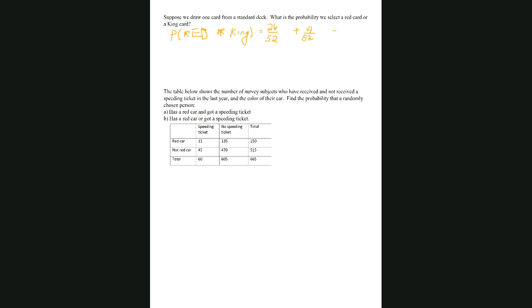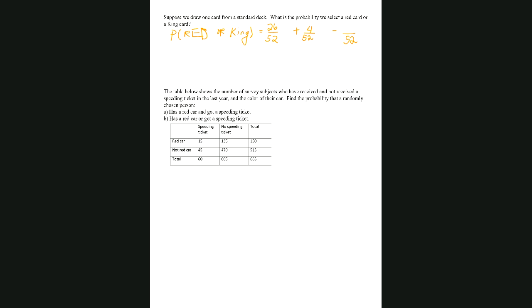So I know there are 52 cards. What is the probability that a card will be both red and king? Well, how many cards are both red and king? Well, I know that there are 2 red kings and 2 black kings.